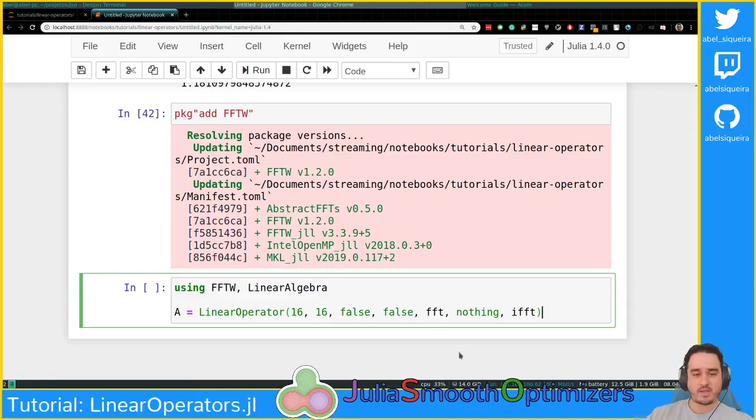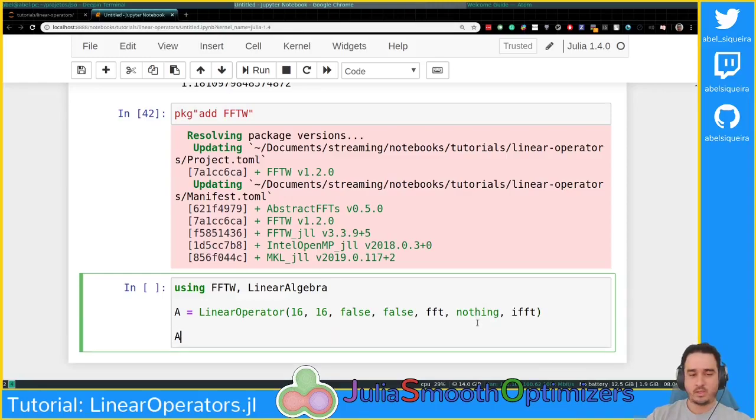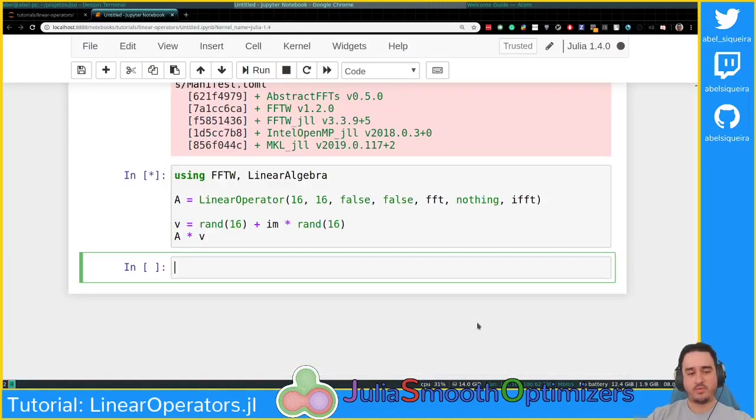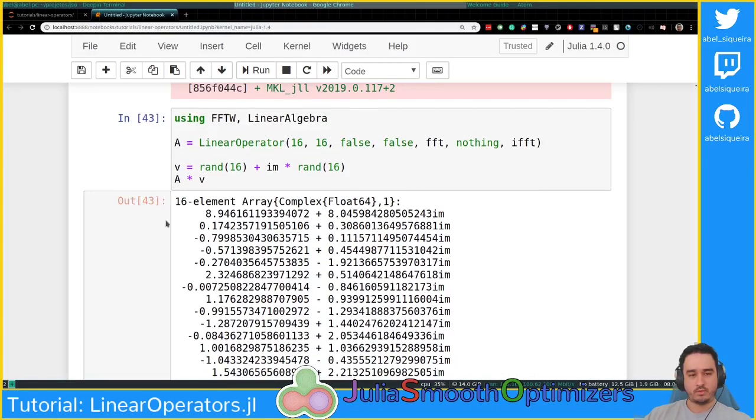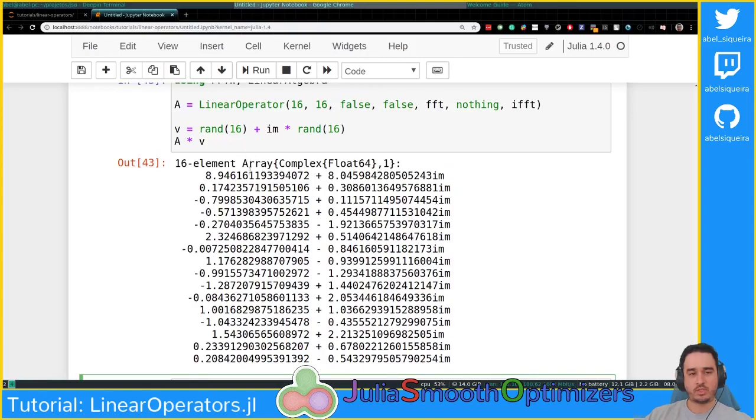Now I'm gonna define a linear operator 16 by 16, which is not symmetric nor Hermitian, defined by the functions FFT and IFFT. Let me define a vector V. When I compute A times V, I'm gonna have a resulting vector, which is equivalent to just applying the FFT on V.